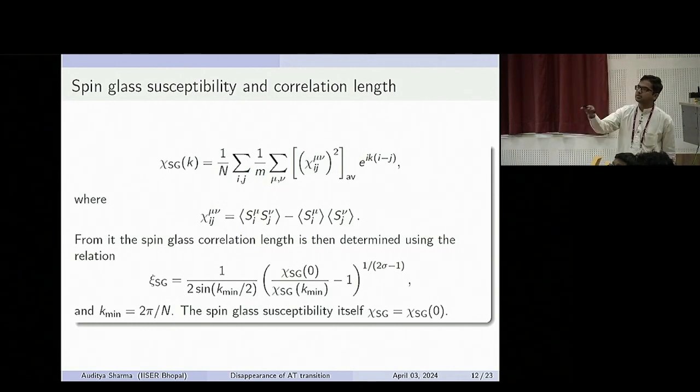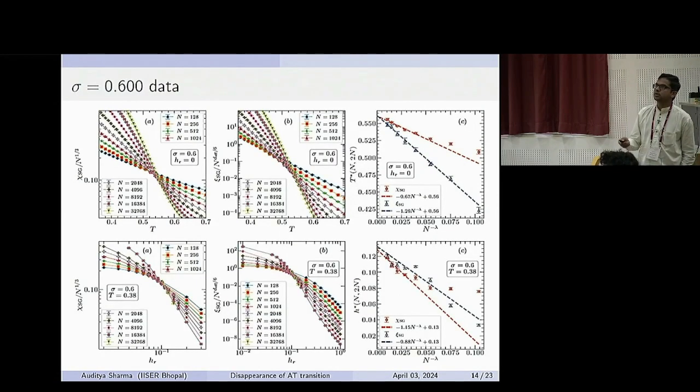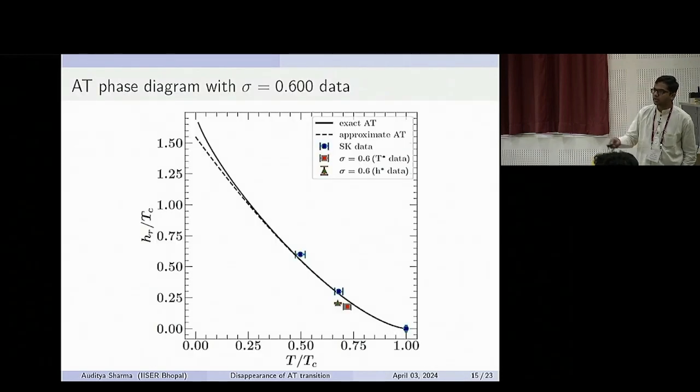These are the standard quantities one studies: spin glass susceptibility and correlation length. And these are the technicalities of how to study the system size dependence. At sigma equal to 0.6, you have a way of studying different quantities. You can also fix the temperature and study in the other direction, which is an innovation of our own.